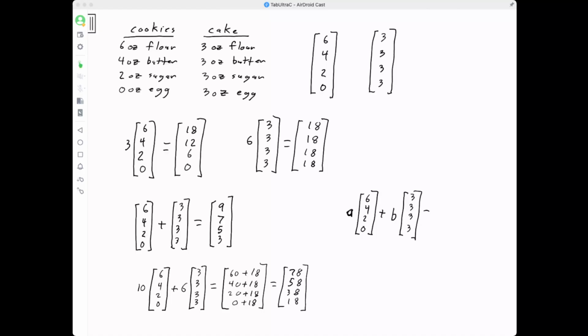Well, I can put these together as 6A plus 3B ounces of flour, 4A plus 3B ounces of butter, 2A plus 3B ounces of sugar, and 0A plus 3B, or just 3B, ounces of egg. We call this a linear combination.